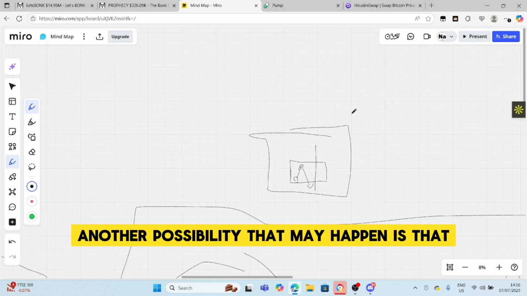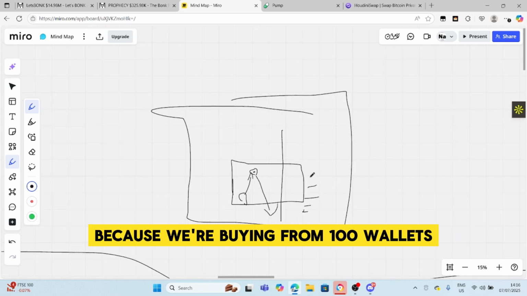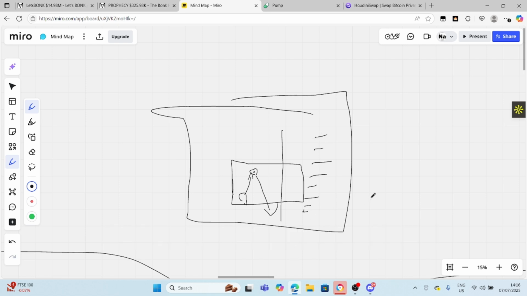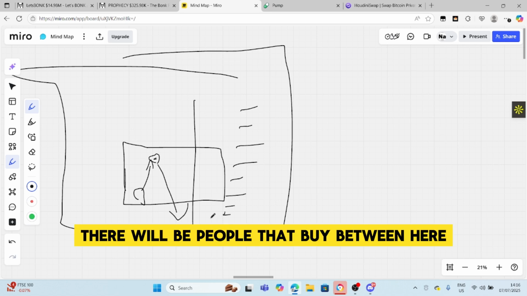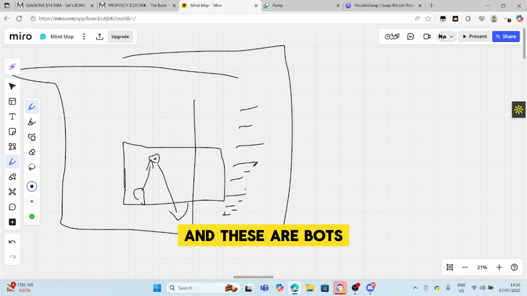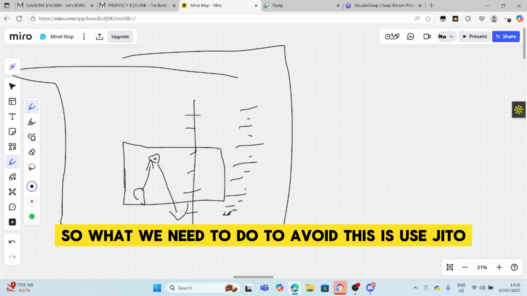Another possibility is that between these buys, because we're buying from 100 wallets, there will be people that buy in between, and these are bots optimized to buy after these bundles with fast RPCs. So what we need to do to avoid this is use Jito.